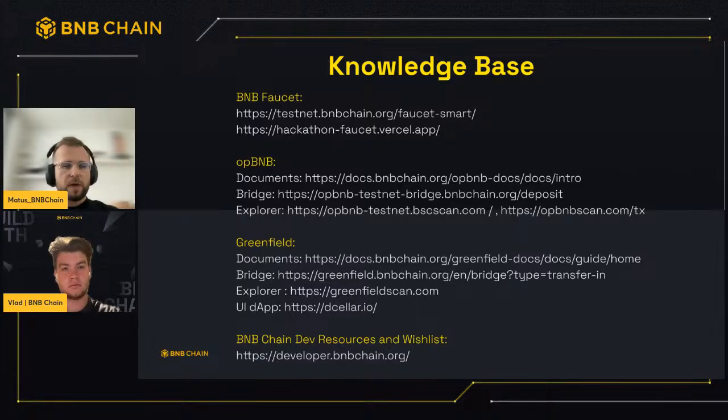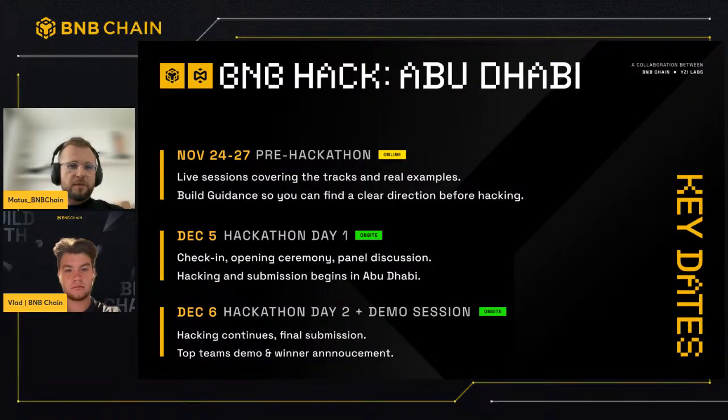Same goes for our Greenfield decentralized storage, and also a developer guide for our BSC chain. As everything is EVM compatible, both opBNB and BSC, there is not much difference in using SDKs and so on compared to other EVM compatible chains. This is everything from the technical side, so I will now give the word to Vlad.